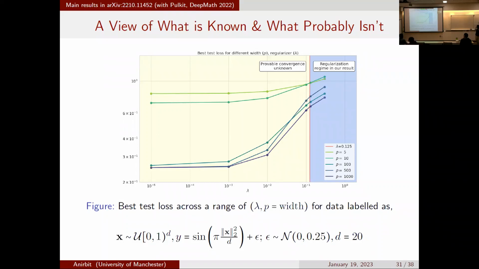Whether you are in the underparameterized regime or in the overparameterized regime, the essential message of the plot remains the same, that there is only very little change in test error. For 6 orders of magnitude of variation of the regularization, my change in test loss is 0.3 to 0.5.